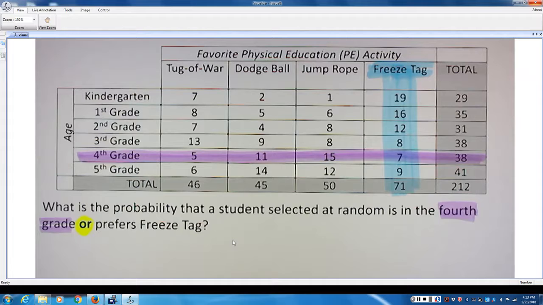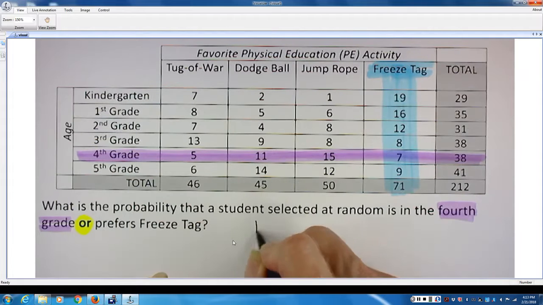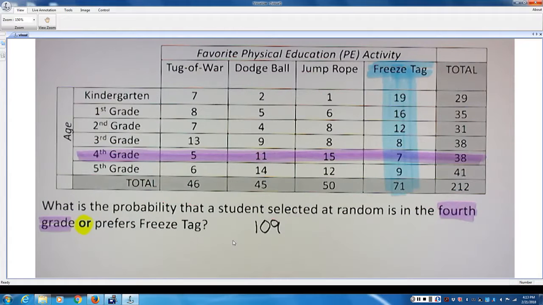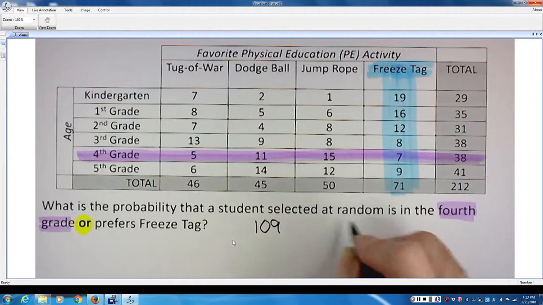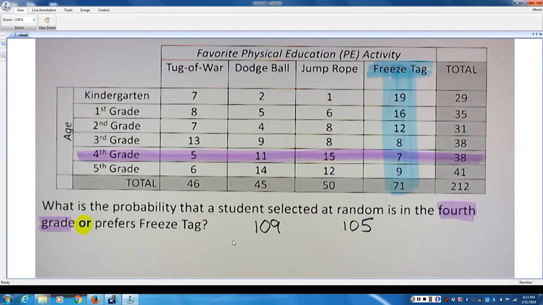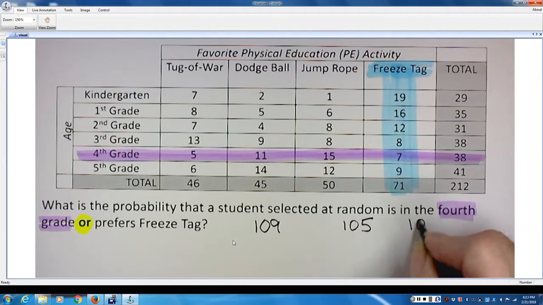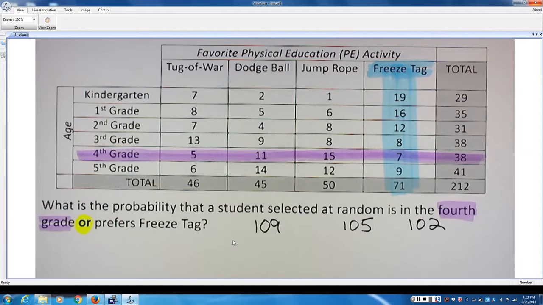I have somebody that says there's 109. Anybody have a different idea to offer? You said 105? Anybody else? I'm not saying anybody's right or wrong right now. How many? Anybody have another idea?